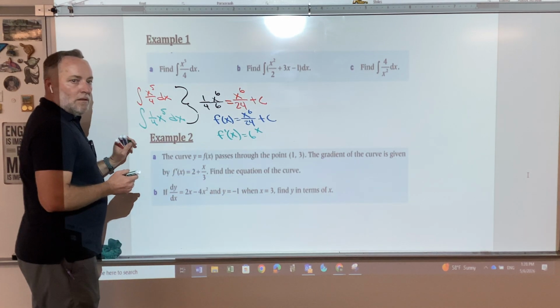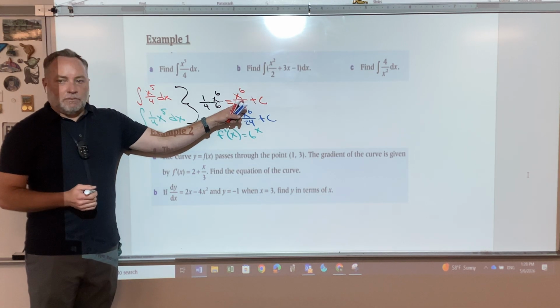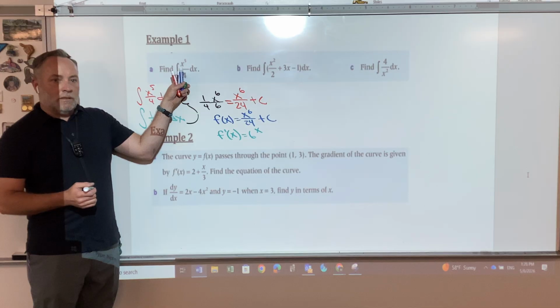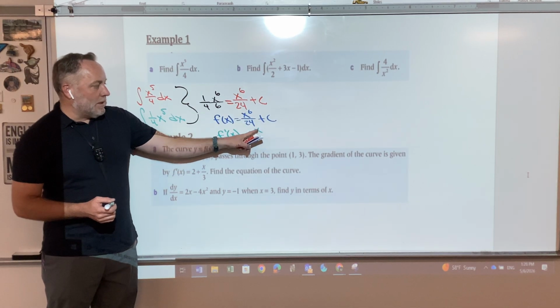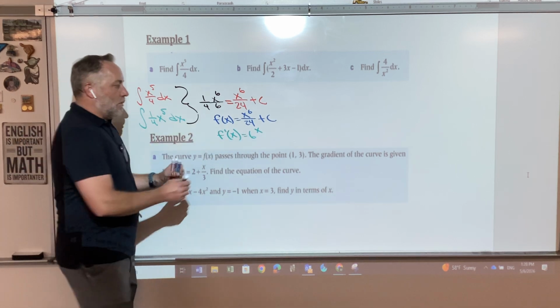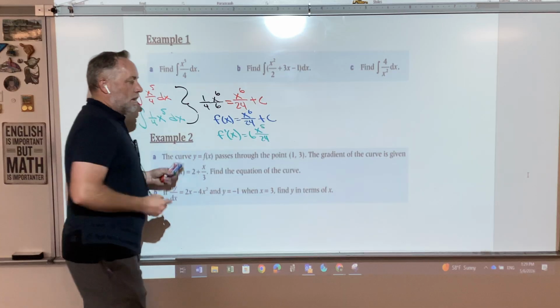I'm showing, if we took the derivative of this, will we get this? So the 6 comes down in front, I raise it to 1 less, and this 24 is still there. What cancels there?